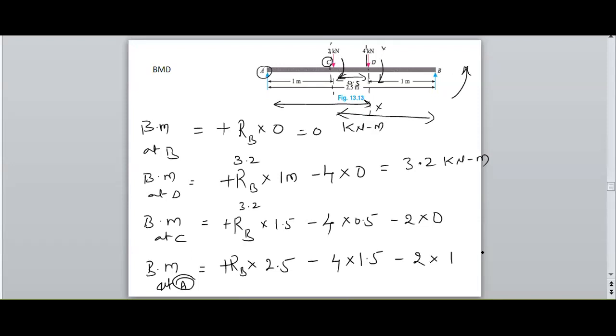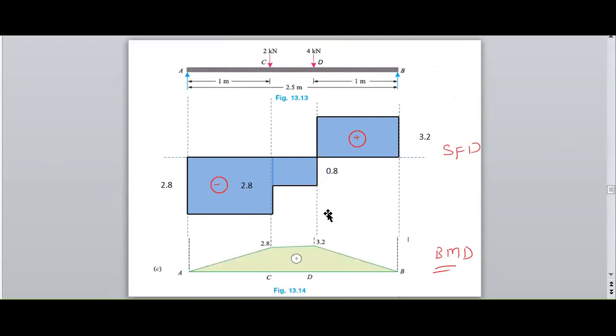Next, RA into distance 0 is positive. The value needs to be 0, otherwise you have made a mistake while calculating RA and RB. So using these values, I need to draw the bending moment diagram and the shear force diagram.